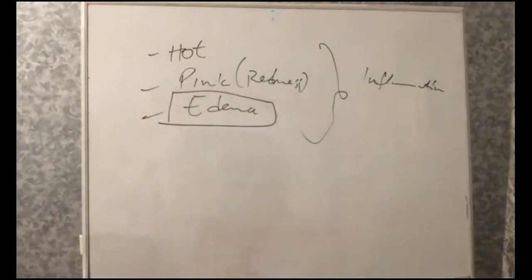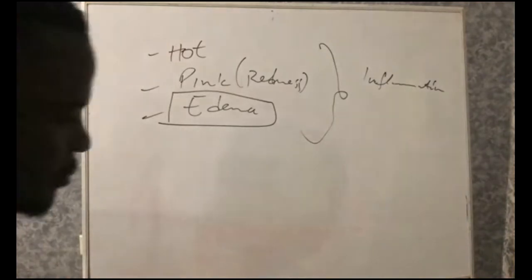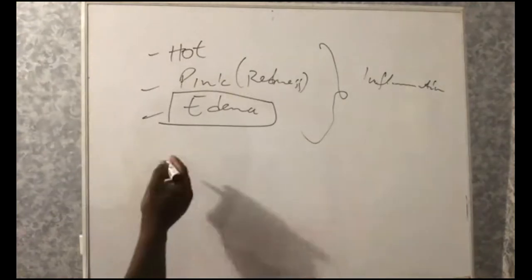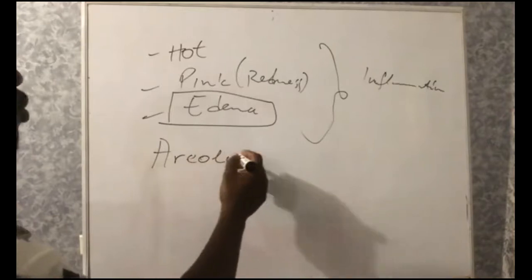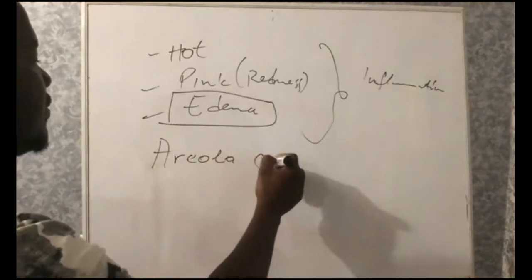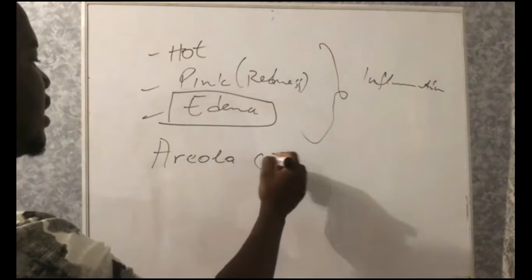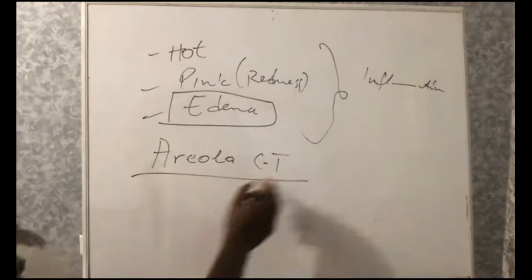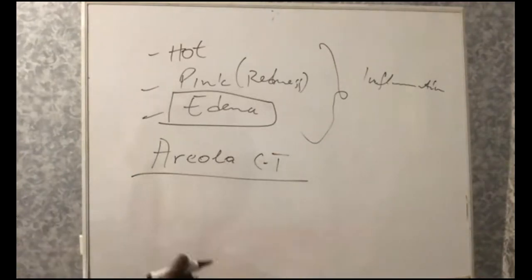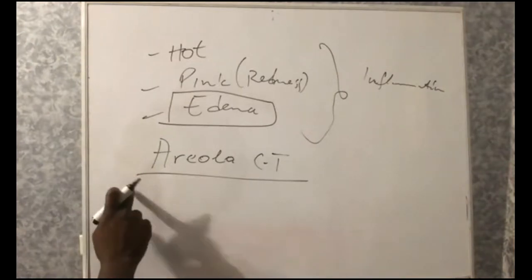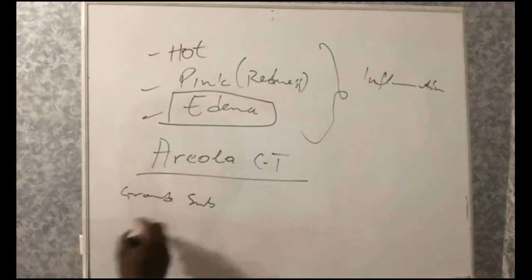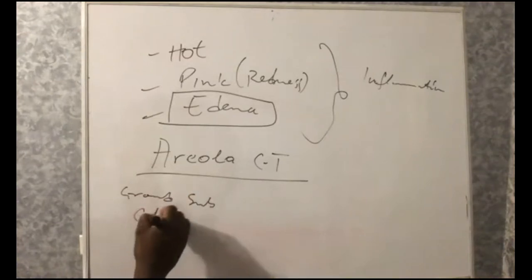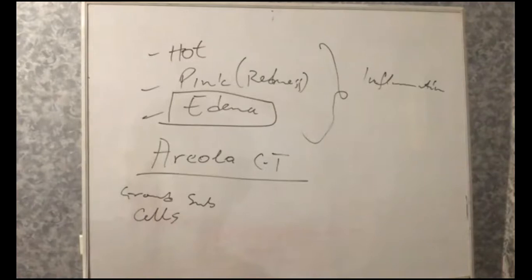Now, almost every part of our body has some type of connective tissue called the areolar connective tissue. It's a loose connective tissue. Normally, when you hear connective tissue, think about ground substance, think about cells, and think about fibers.